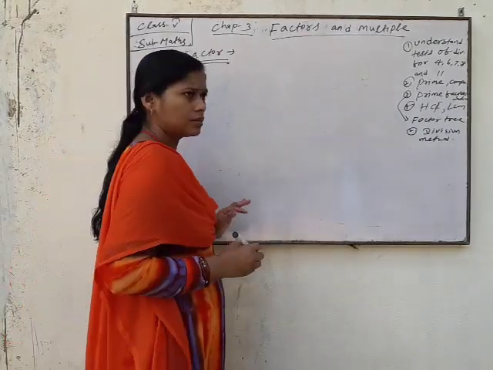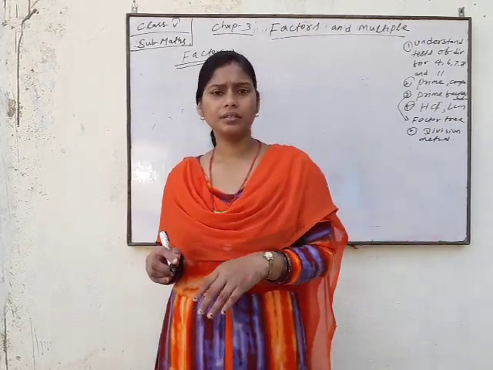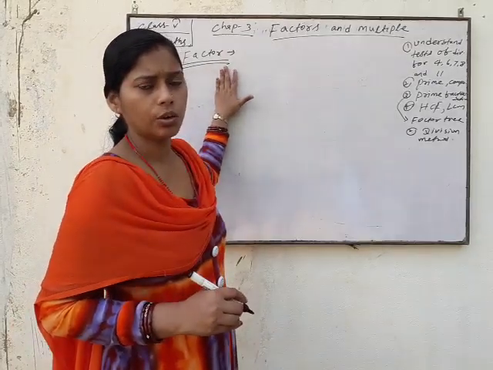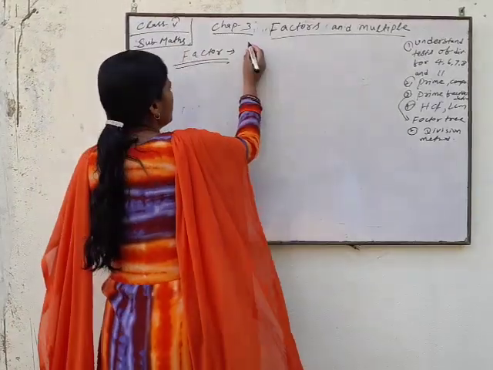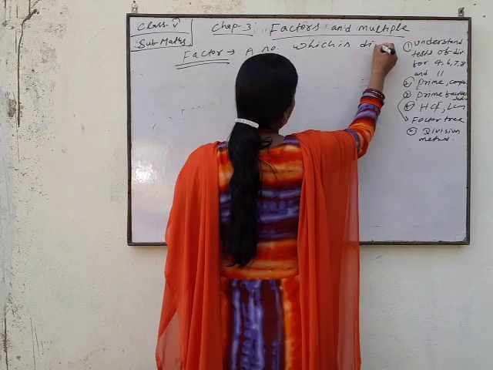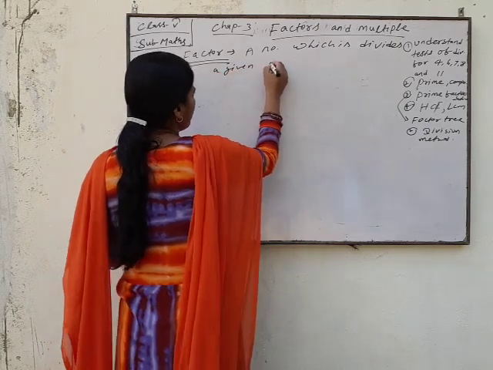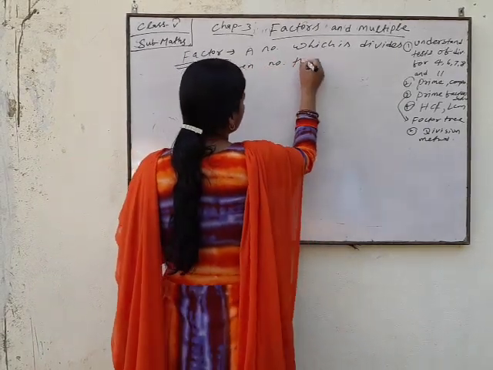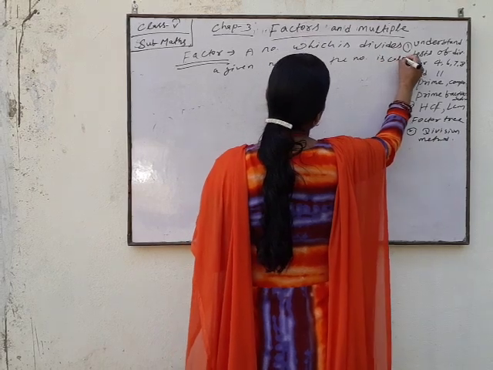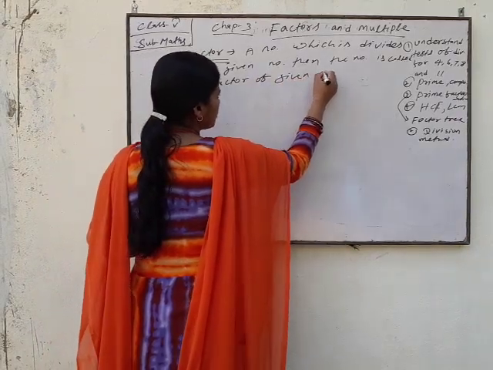If a number is completely divisible by a number, that number, the divisor, is called a factor of the given number.